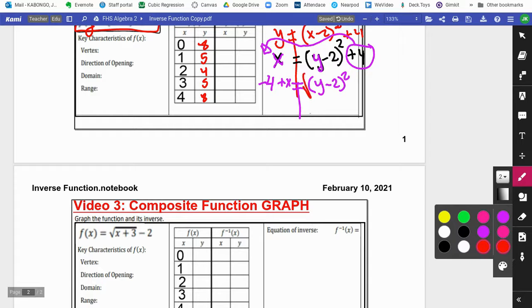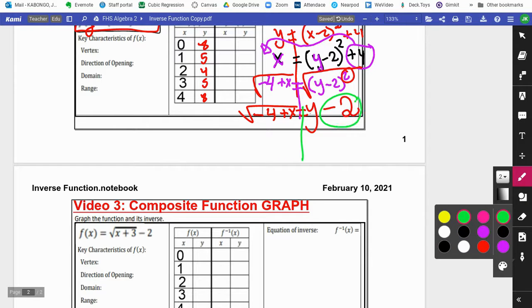If you square root this, that's how we're going to get rid of that square. You have to square root on both sides. Now the square is gone because I square rooted. You're just left with y minus 2. On that side, you still have the whole thing, square root of x minus 4. Next, since we're solving for y, I need y by itself.